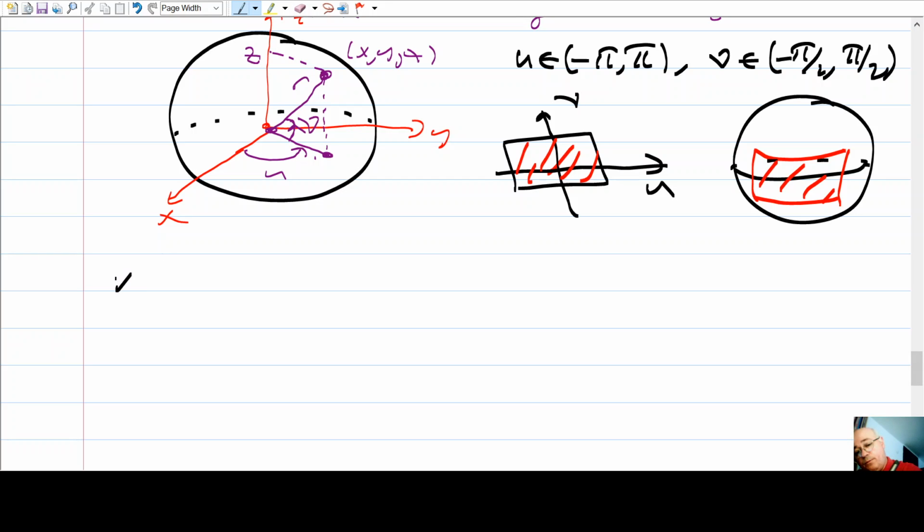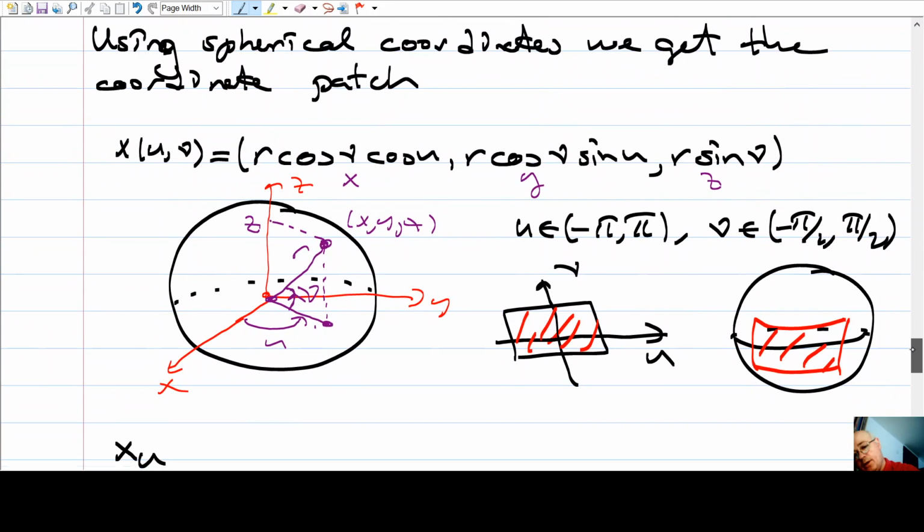Okay, now let's compute the velocity vectors. So this is x of u nu. r is a constant here, the radius, right? The variables are u and nu.